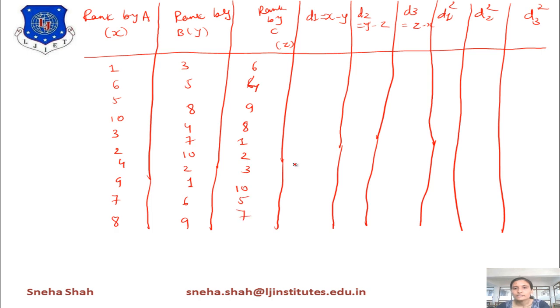Now first of all we want to find the value of D1. What is the value of D1? X minus y. 1 minus 3 means minus 2. If we are finding D2, then y minus z, 3 minus 6 means minus 3. Z minus x means 6 minus 1 means 5. Likewise, we will find all these values.